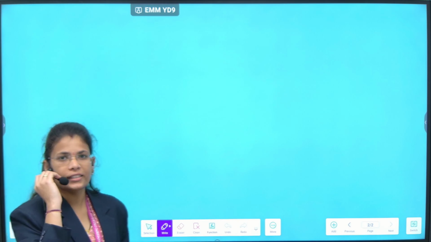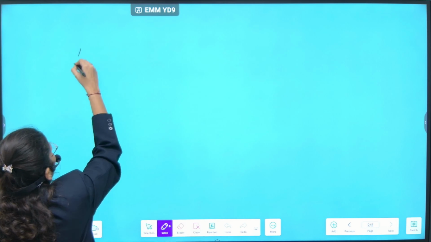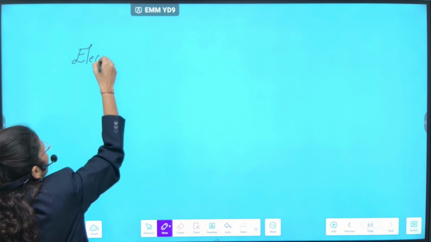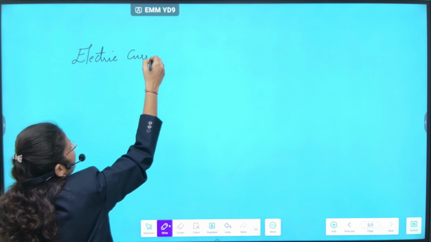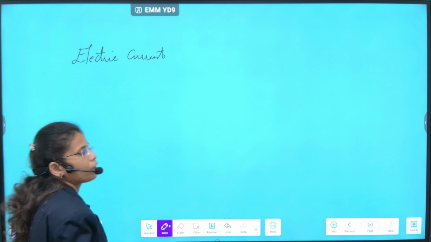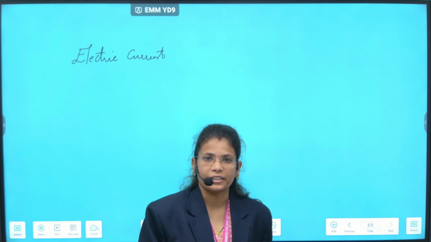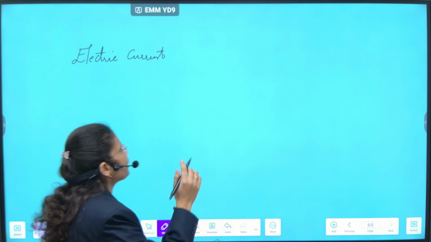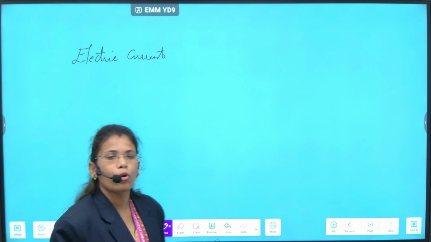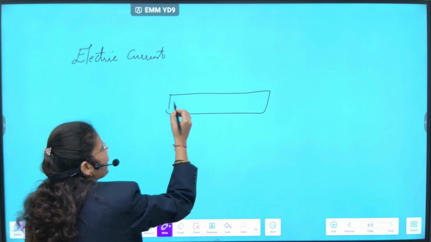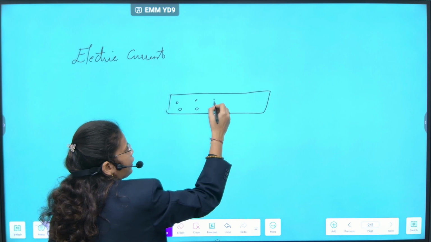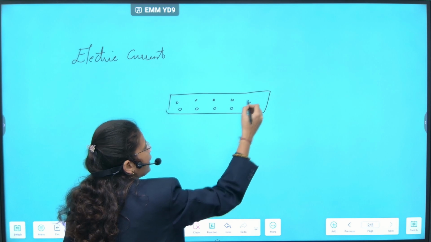Then what is electric current? Current is the flow of charge or flow of electrons. In a conductor, the electrons are placed randomly.